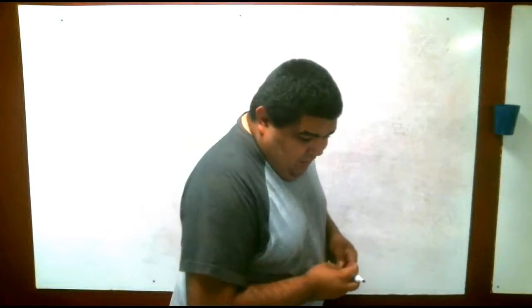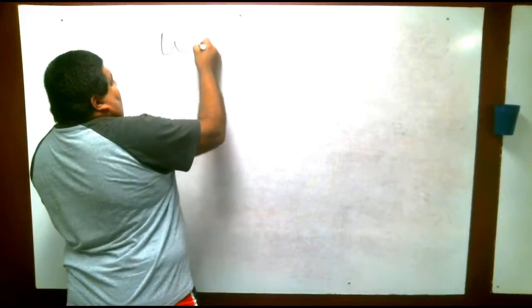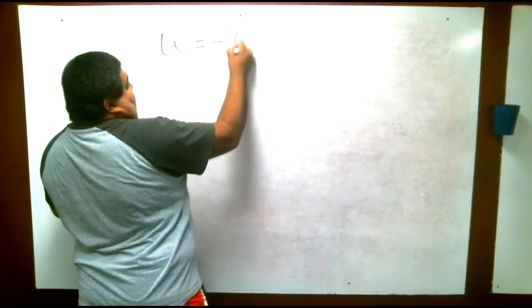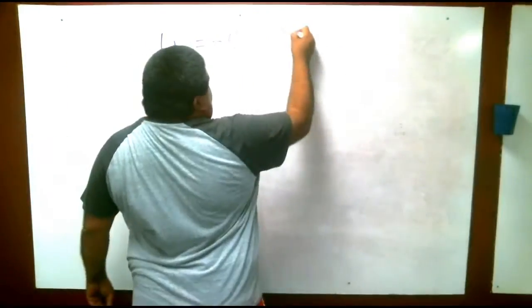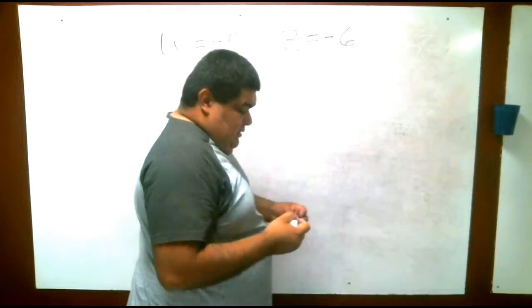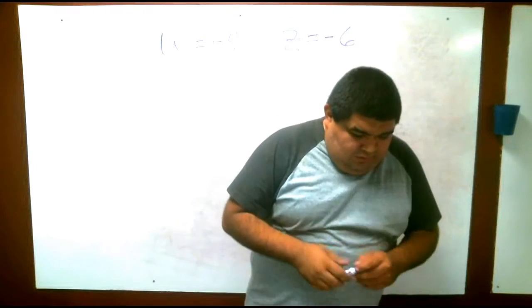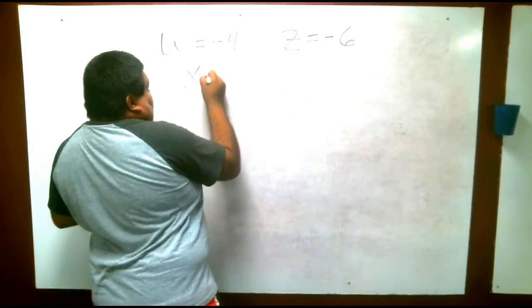All right, so you have W equals -4. It's given to us. It also tells us that Z is -6, okay? It gives us X as 2. X equals 2.